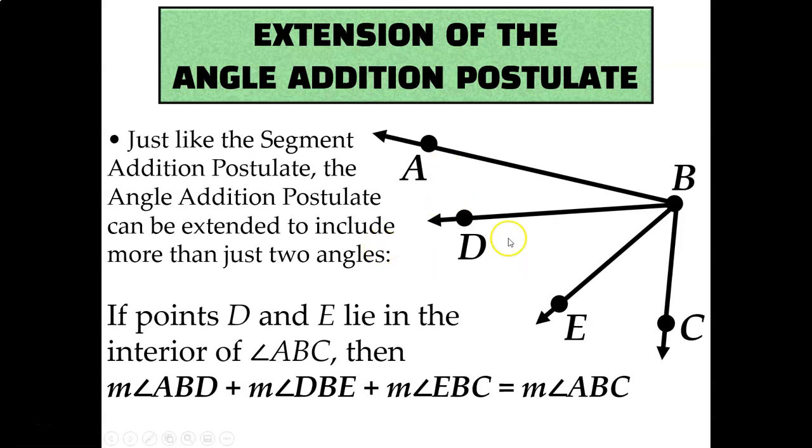Instead of just having two angles inside of a bigger angle that you can add up to get to the total, we'll have three or more angles that we can add up to get to the total angle. So for this diagram, the angle addition postulate would look like this.